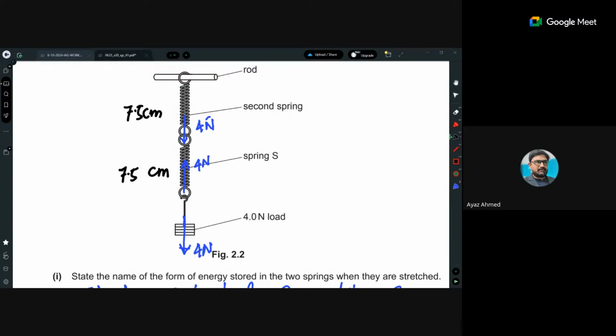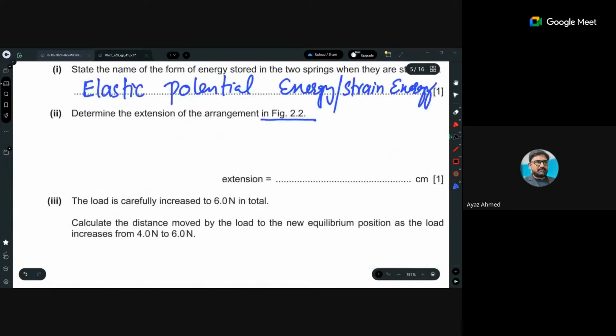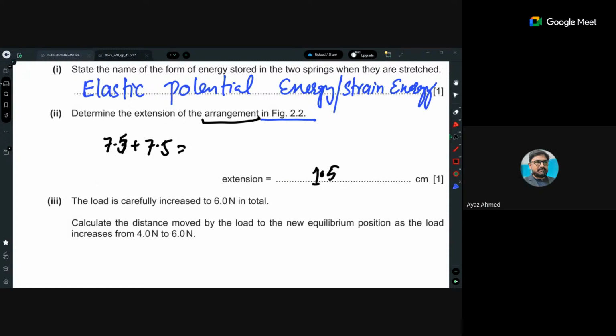And the examiner wants the student to add these two extensions combined, because this is the extension of the arrangement, not of a single spring. So you will write 7.5 plus 7.5, which is 15 centimeter, because the unit is given to you. So just 15 is enough to write.